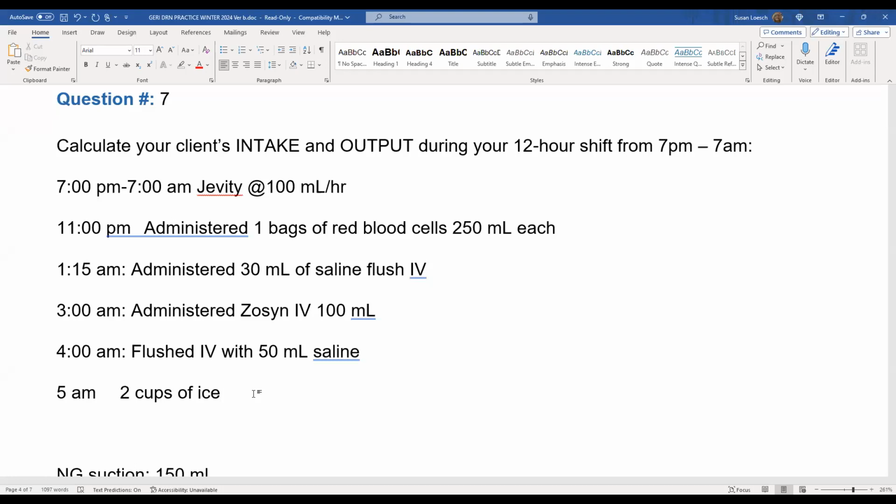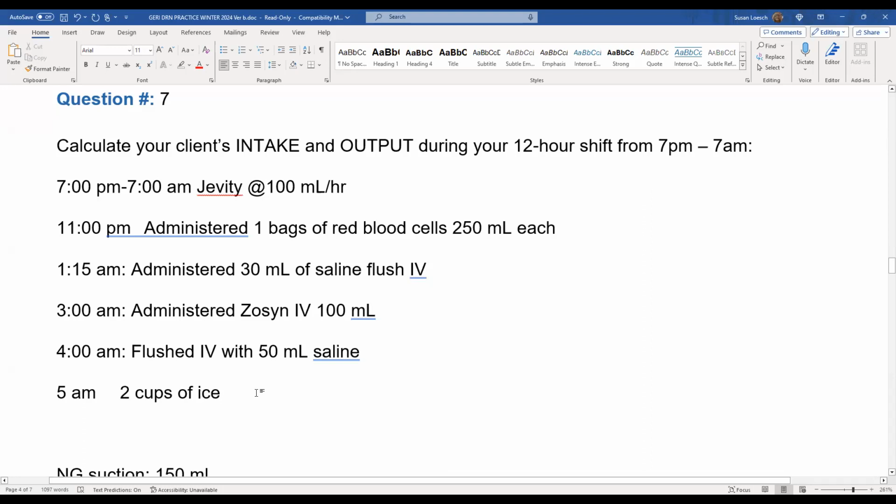Cup of water is 240. So half of it will be the ice, which will be the 120. Okay, nurse, all I'm asking you is how much is a cup equal to? Don't equate it to a solution, because we don't do that. When we look at a cup, it is 240 mLs, period.